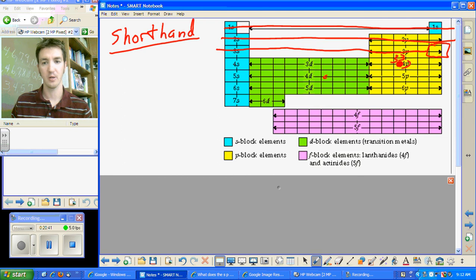So for the shorthand, we go with the previous noble gas. What element is right there? That's going to be argon. So for shorthand, we fast forward to argon instead of saying 1s2, 2s2, 2p6, 3s2, 3p6. We just go right to 3p6, which is argon.